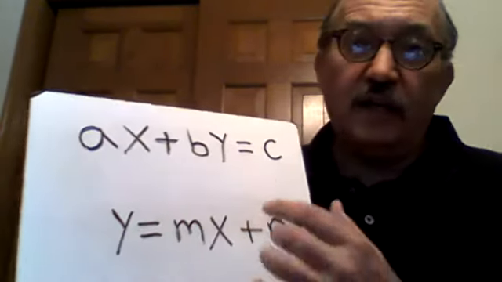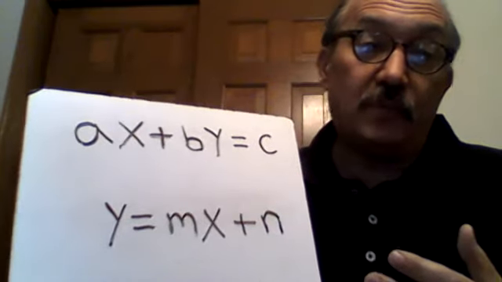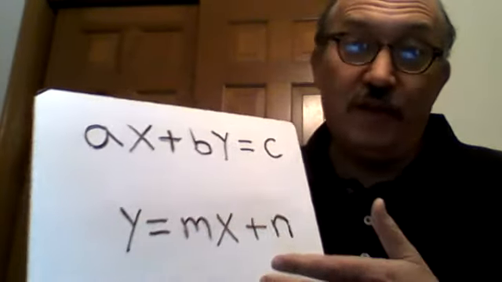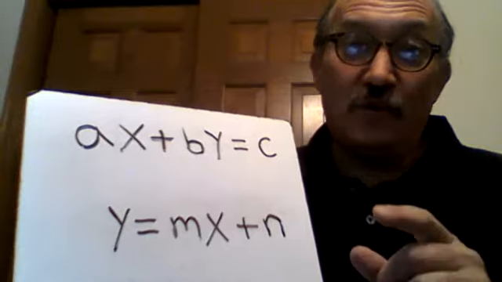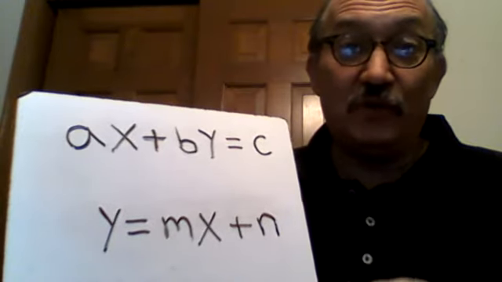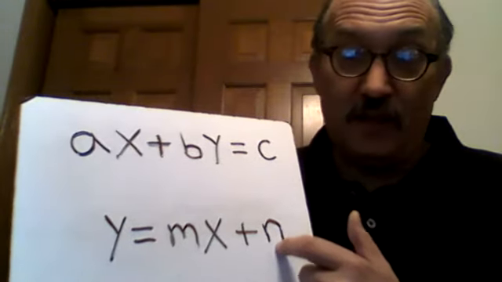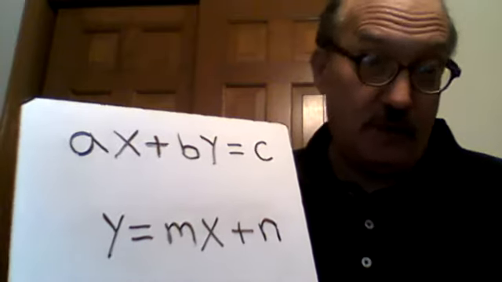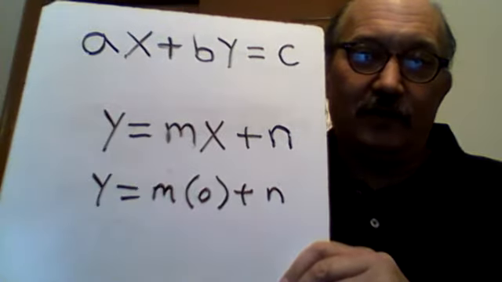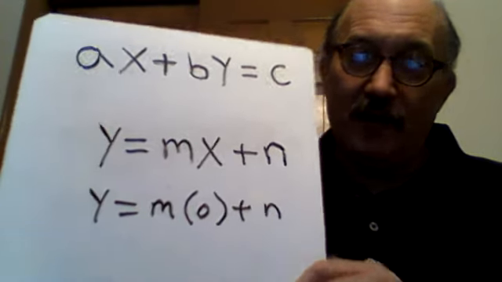You can also find the x and y intercepts of a line from this equation. And the y-intercept is staring you right in the face. There's no work to do. It's that number right there, what I call the n and which other people call b. Because if you put a 0 in for x, the y is going to be n, right?